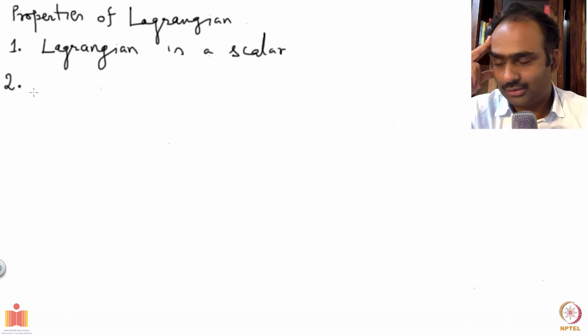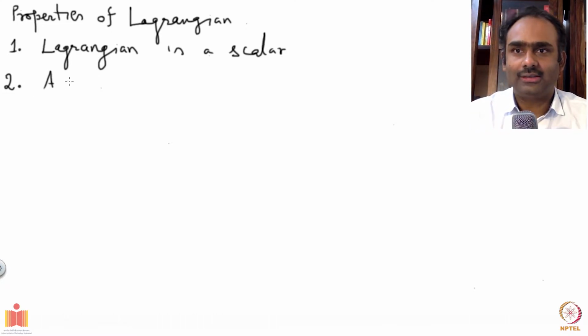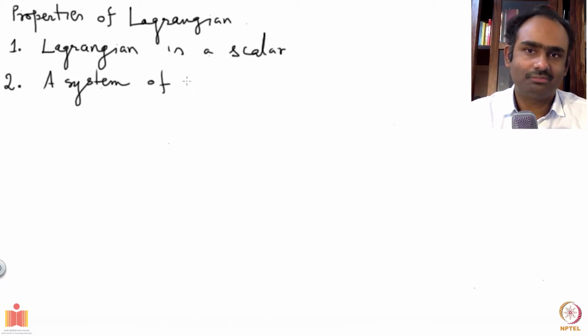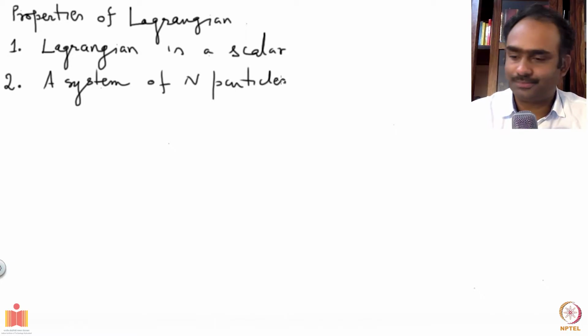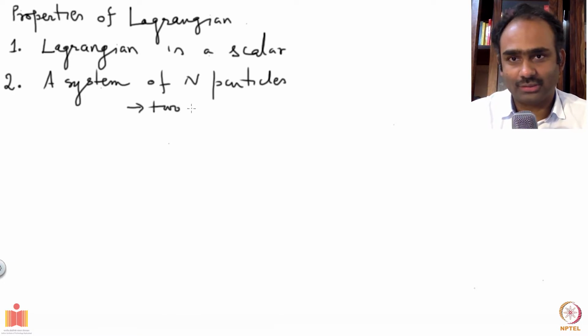So what I'm trying to convey is the following. We have a system of, let's say, n particles, and I'm saying it has two or more parts, let's say two, two non-interacting parts.